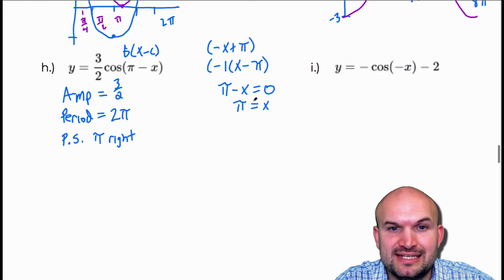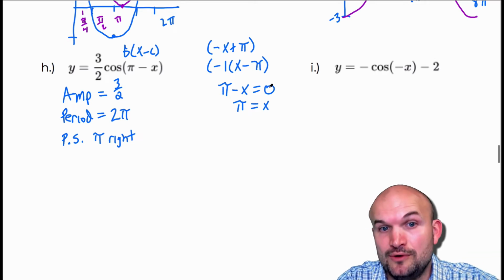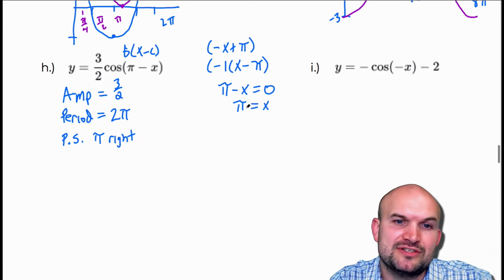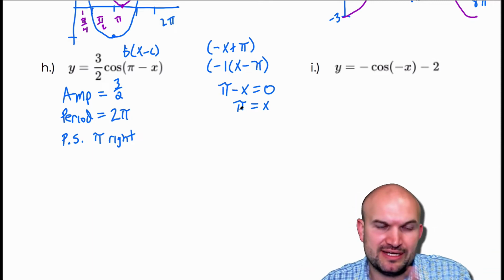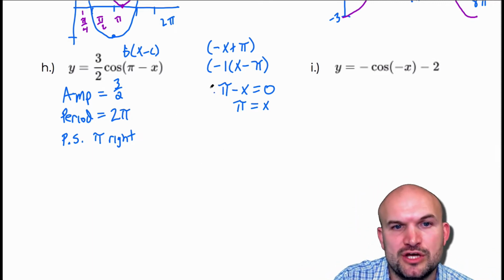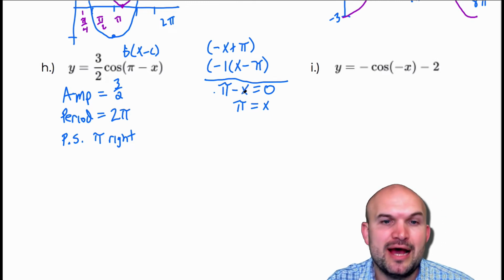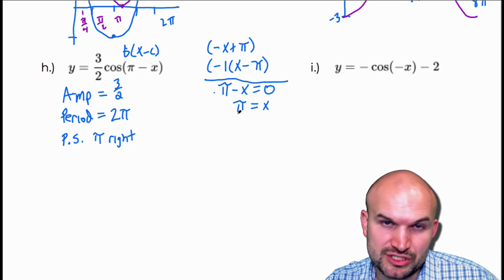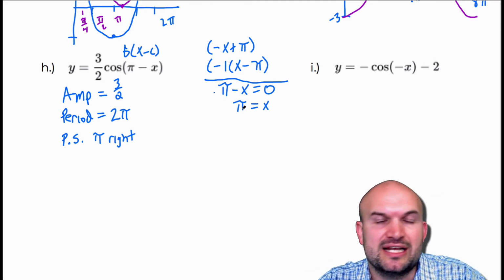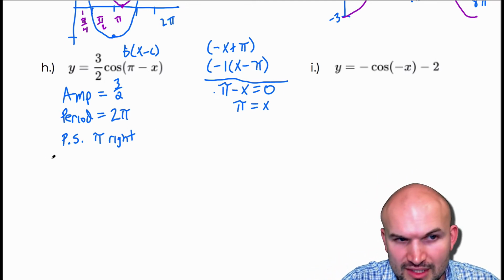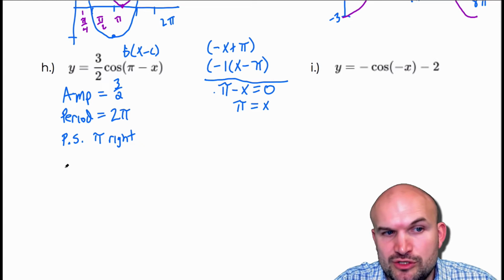You could say x is, instead of the function starting at 0, like the parent graph, it now starts at pi, meaning the graph is being shifted pi units to the right. So you can use either technique. I prefer the factoring out technique and rearranging. However, you can always set it equal to 0, which is the start of the initial period, and then identify the transformations that way. There is no vertical transformation and there is no shift.